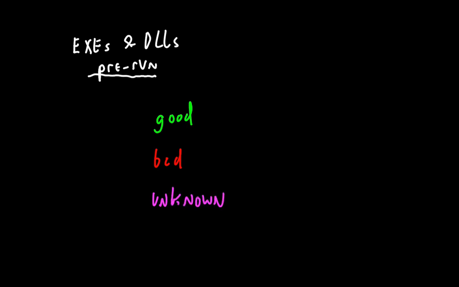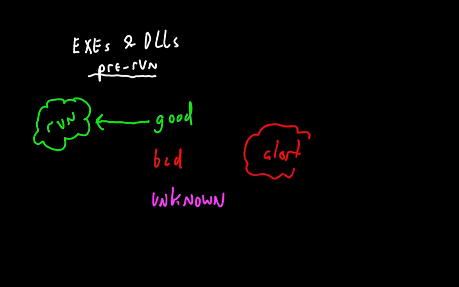And what happens in these cases is going to be very dependent on the product and how it's configured. Naturally, if your executable is determined to be good, it's going to be allowed to run. And if your executable is determined to be bad, it's not going to be allowed to run, and there's going to be an alert that's raised. Those outcomes make sense, right?